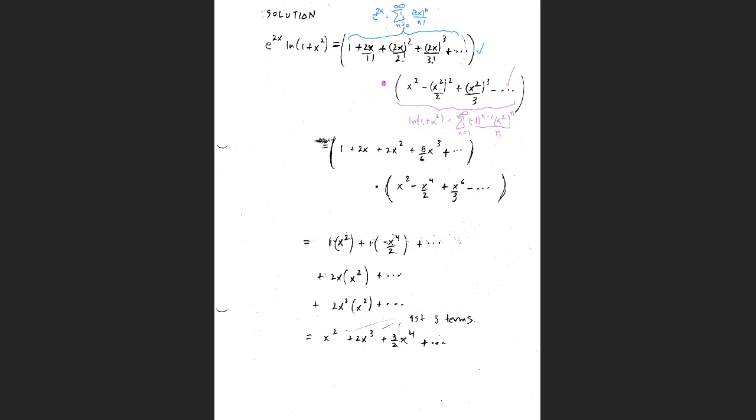I'm taking a Maclaurin series for e to the 2x and multiplying it by a Maclaurin series for the log of 1 plus x squared, so I can get a Maclaurin series for the function e to the 2x times the log of 1 plus x squared. But I only need the first three non-zero terms. So I have to enumerate out the series.